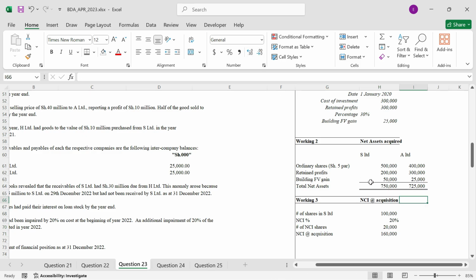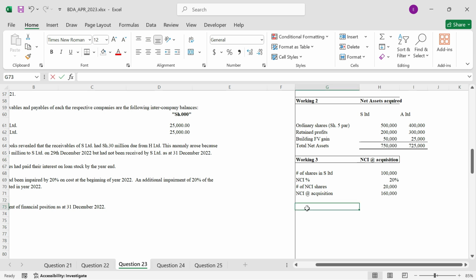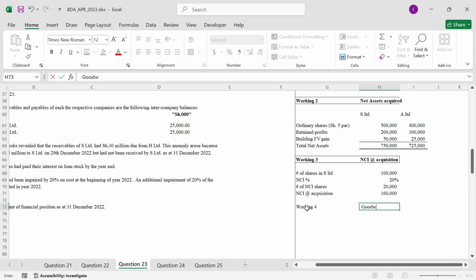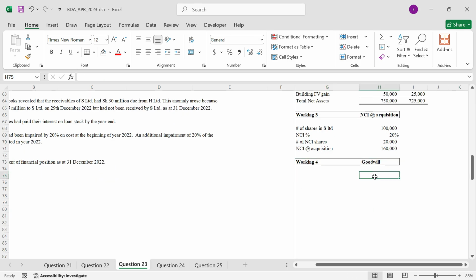With this now, I can find my goodwill. Working four, goodwill. Goodwill also has a standard format. I want the goodwill for the group and the goodwill for A Limited.